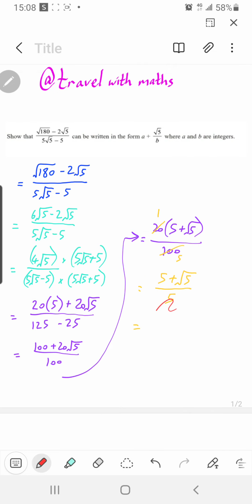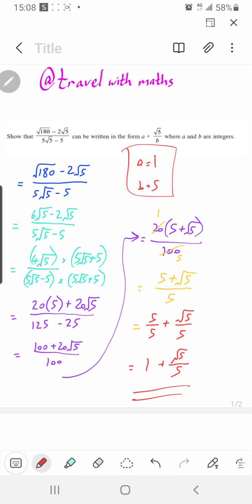Now 20 goes into 20 once, 20 goes into 100 5 times, so you have 5√5 over 5, and you can split the fraction, so you will get 5 divided by 5 plus square root 5 over 5. 5 divided by 5 is 1 plus square root 5 over 5.